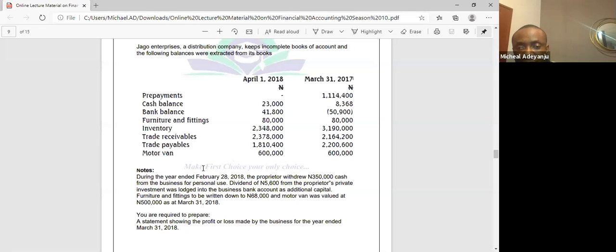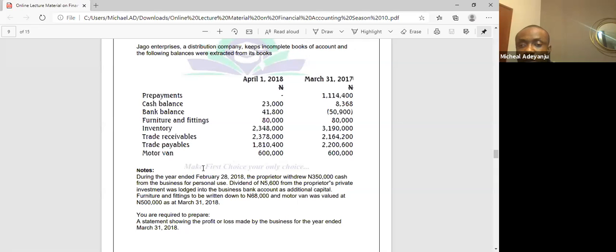During the year ended February 28, 2018, the proprietor withdrew 350,000 naira cash from the business for personal use. Dividend of 5,600 from the proprietor's private investment was lodged into the business bank account as additional capital. Note that, as additional capital.